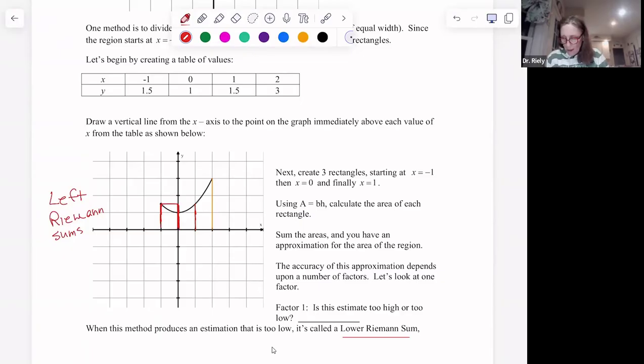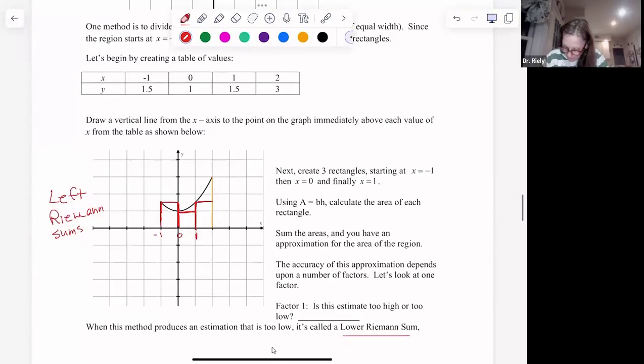Then you go back up. I was at -1, that took me to 0. Now I'm going to go up at 0, because I hit the curve right there, I'm going to draw across right here. That's going to be at 1. Then I'm going to go up again, hit the curve, go across and stop there.